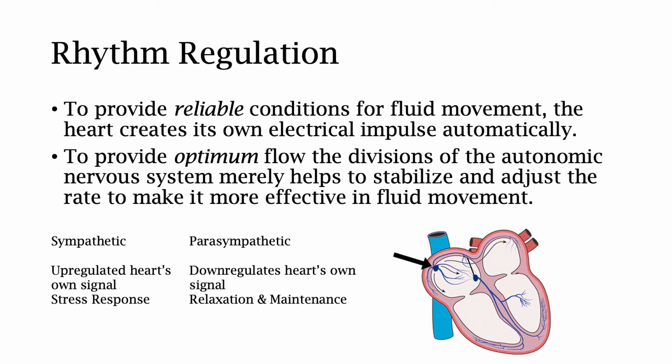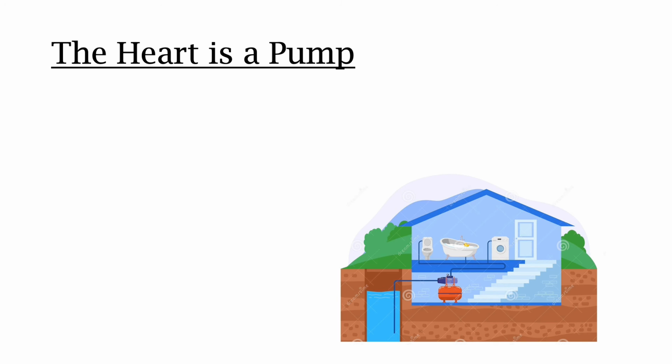And so then this heart's beating constantly. It has that super reliable mechanism. And the thing we have to realize is that just because the heart is beating does not mean there's any actual fluid moving, which is the point of it beating. And so the actual mechanical movement is dependent on a few other factors.